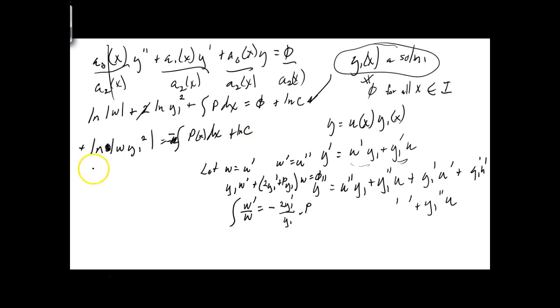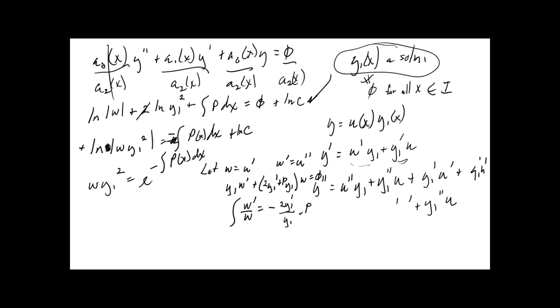Okay, whatever it is. Now let's exponentiate both sides, and you have W y1 squared is equal to e to the minus integral p of x dx. That looks awfully familiar, doesn't it? When you did this one, they combined it over here and put the c in front here.